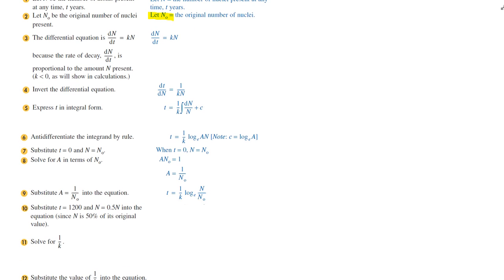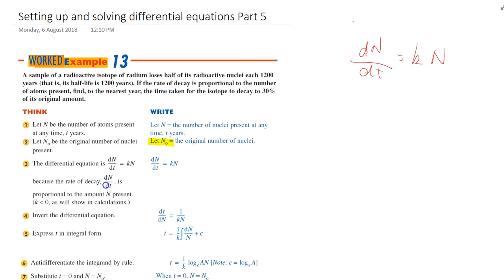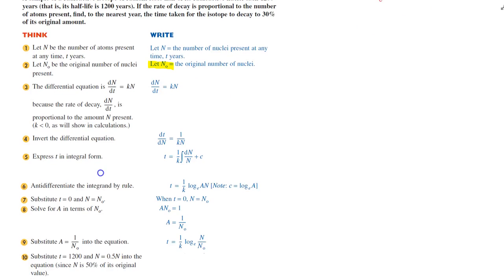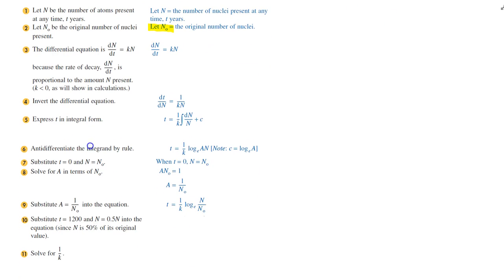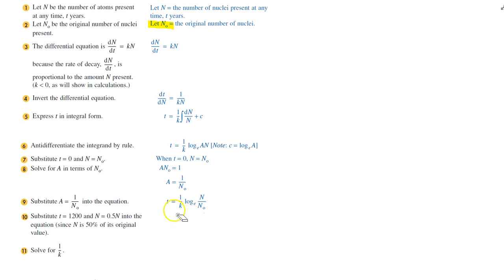But we can then do t and N. We do have some number here. At time 1200, so after 1200 years, N is going to be equal to 0.5 N0.